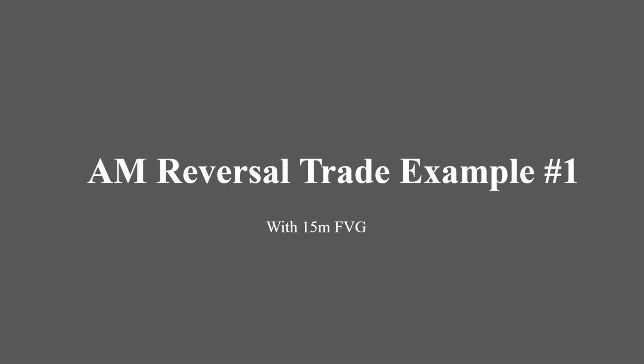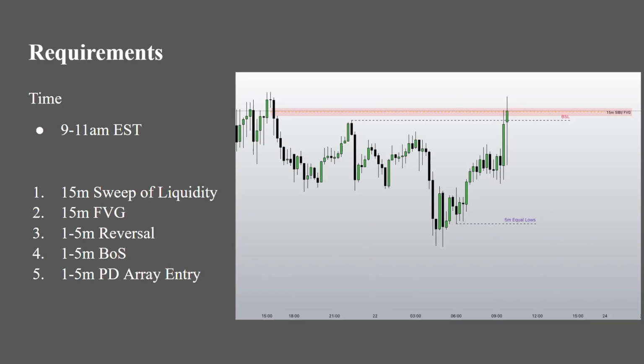So, AM reversal trade example number 1. This one is including step 2 with the 15-minute fair value gap. So what does it look like? Here, price goes to buy side liquidity, sweeping it, and as you can see, right above the buy side liquidity it's sweeping, there is a higher time frame, 15-minute bearish fair value gap located.